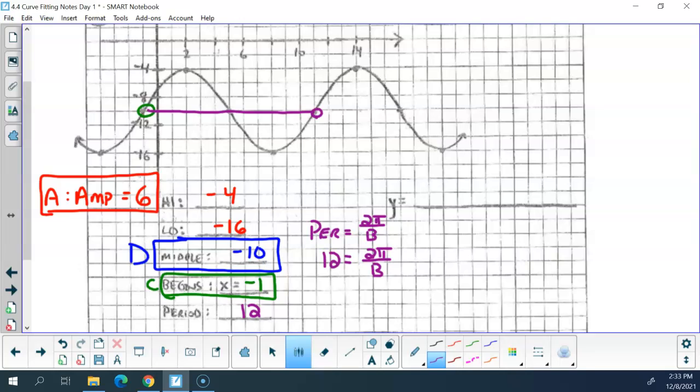So what's b? Pi over 6. Our b is pi over 6.